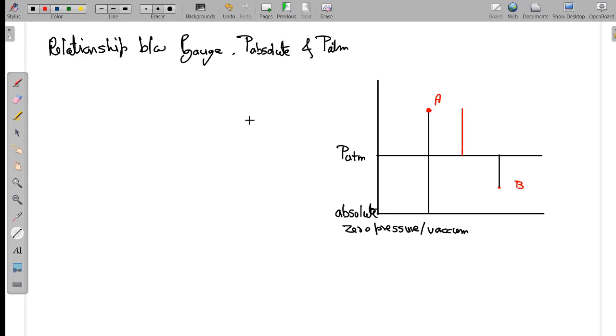If we want to measure the pressure at point A, and I am measuring that pressure from the absolute zero pressure or absolute vacuum, then this pressure is called P absolute. But if the same pressure I am measuring above the atmospheric pressure, meaning this much, then this pressure is called P gauge.